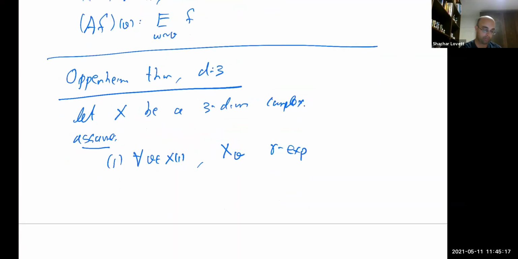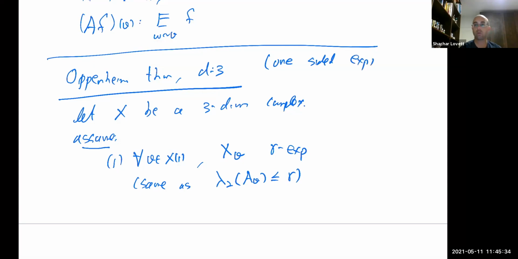And to remind you, this is the same as assuming that the second eigenvalue of A_v is at most gamma. Okay, and also we're going to prove it just for the one-sided case. For the one-sided notion of expanders, we're going to have the two-sided as homework. They're very, very similar. So let me just focus on the one-sided case here. So we're assuming everywhere that whenever we talk about expansion, we're talking about one-sided expansion. So we're just going to bound the maximal eigenvalue, not the max and the min.